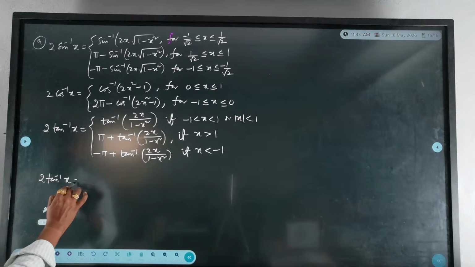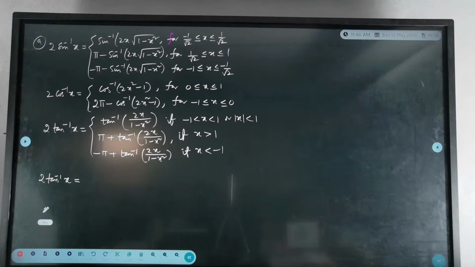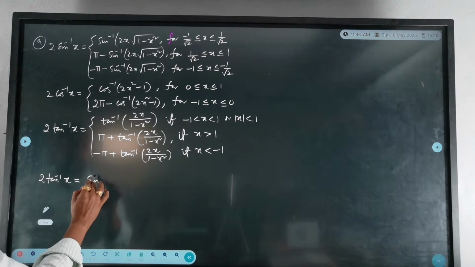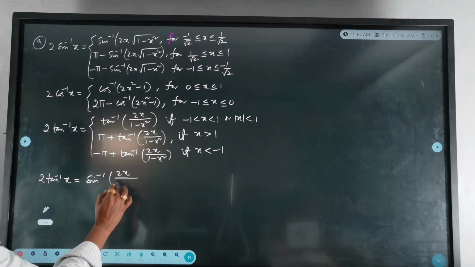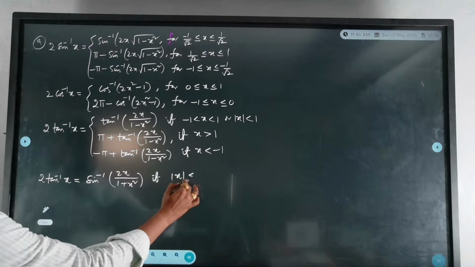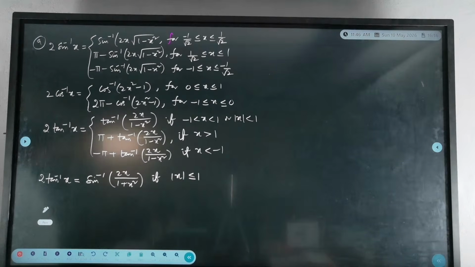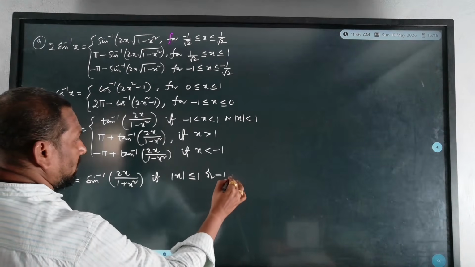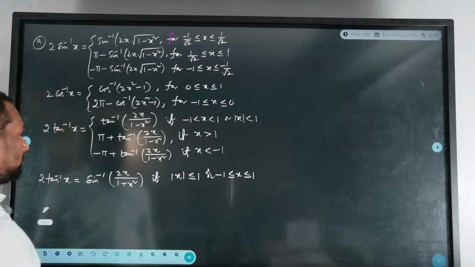Two tan inverse x is equal to, in terms of sine, sine inverse 2x by 1 plus x square if mod x less than or equal to 1, or minus 1 less than or equal to x less than or equal to 1.